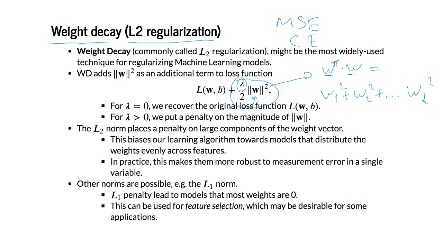What happens is that in addition to the loss function, I want to minimize this term. And if we do that, we put a penalty on the very large components of the weight vector. These weights over here can have any values. It could be that W1 is very big, like 100, then W2 is small, 0.1. W3 is also very big, like 50.